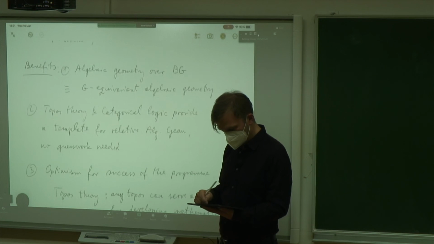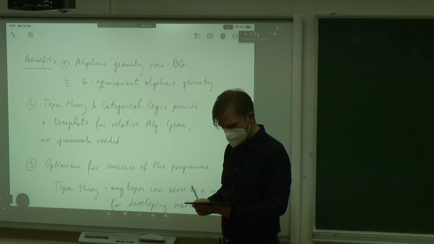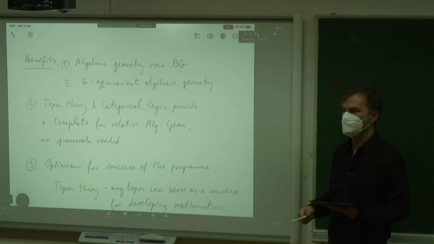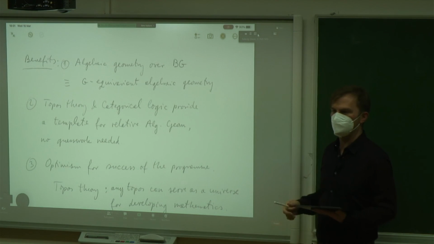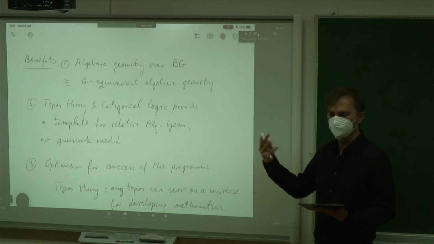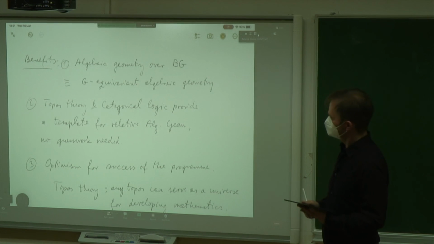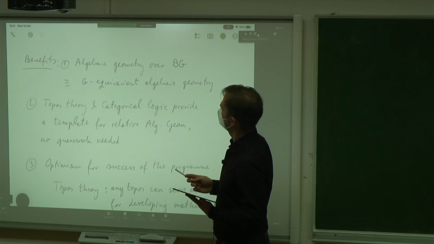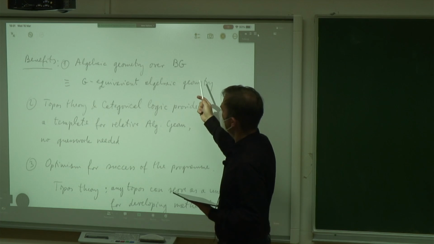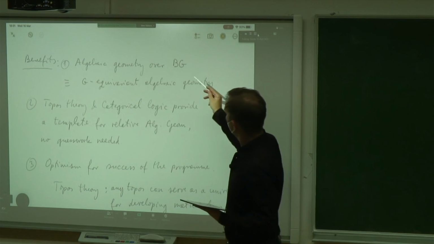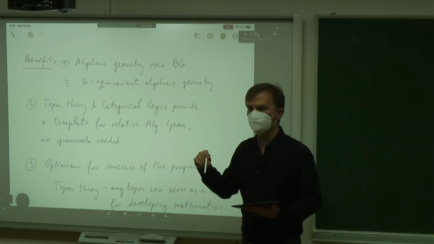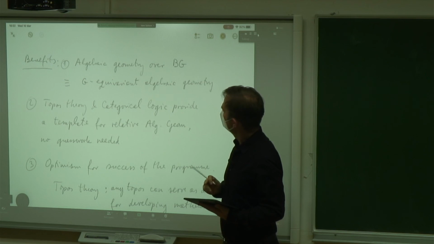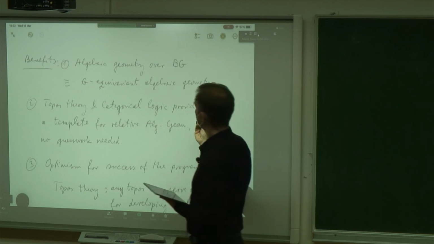Now, okay, so I'll conclude here by talking about the benefits of this type of approach, and what sort of results you can hope to obtain following this strategy of developing, say, relative algebraic geometry. First is a rather basic observation that algebraic geometry over the classifying topos of some group or a monoid, as long as they're discrete, corresponds to G equivariant algebraic geometry.